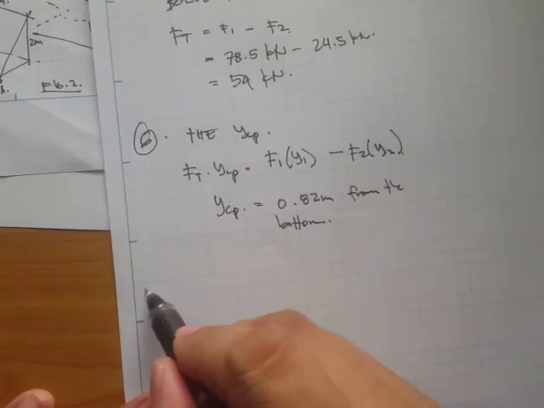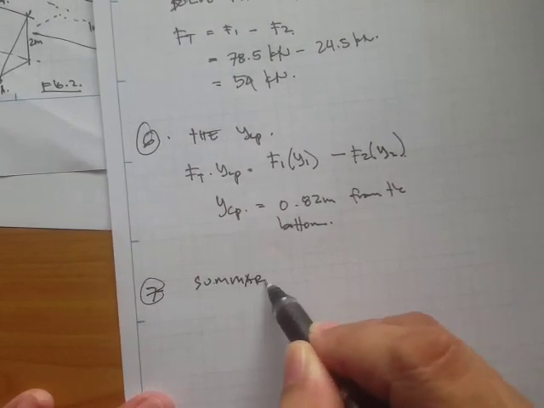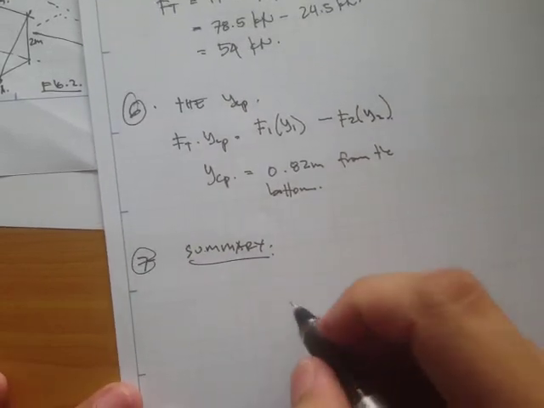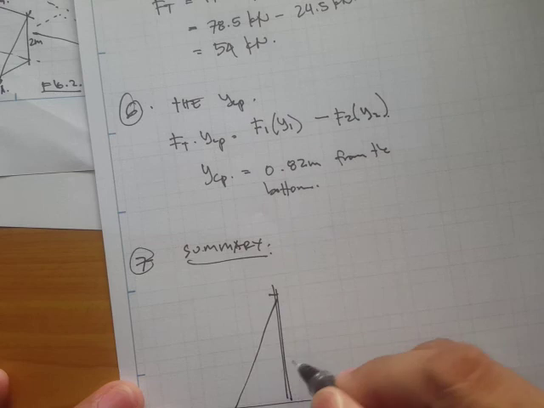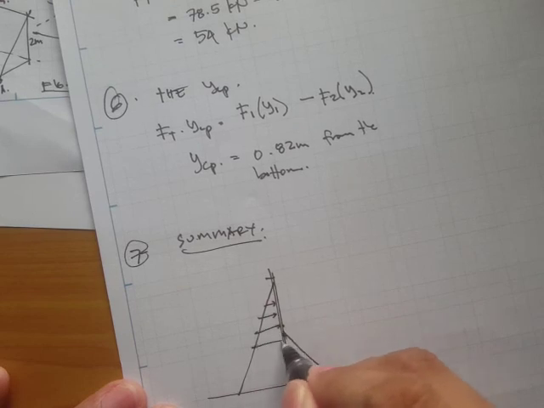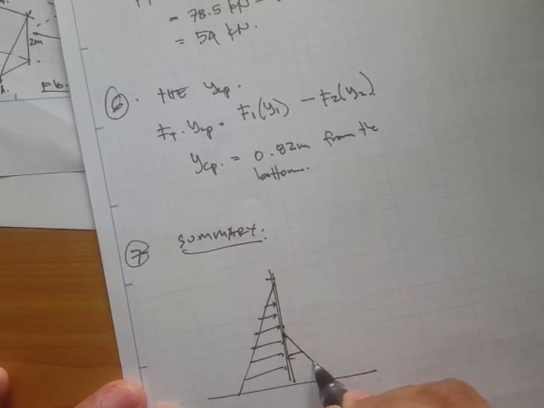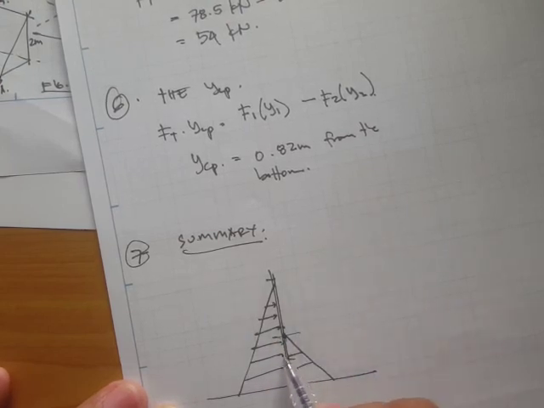Okay, so in summary, if we provide a summary for our solutions, then if this is our divider, and this is our pressure profile for oil, and this is our pressure profile for the water, then our location of the resultant force is somewhere here.